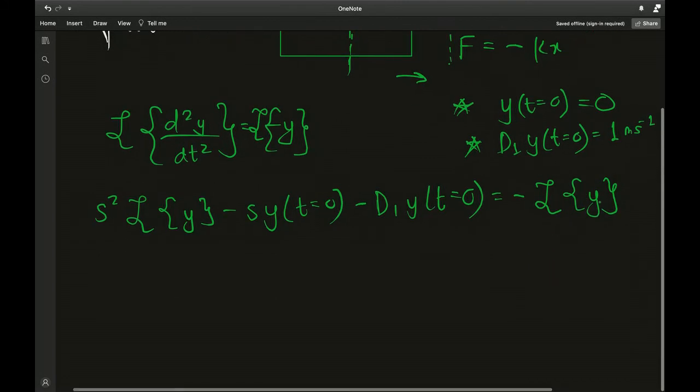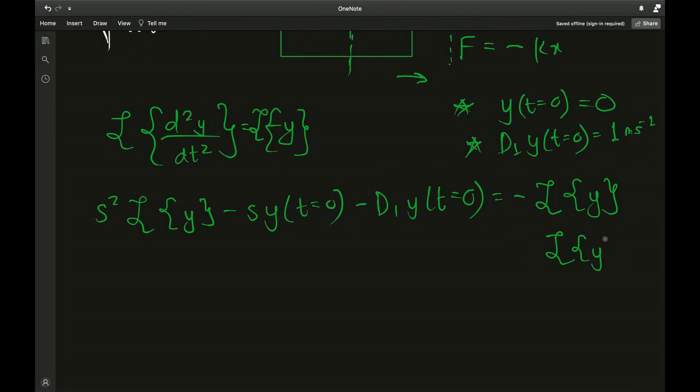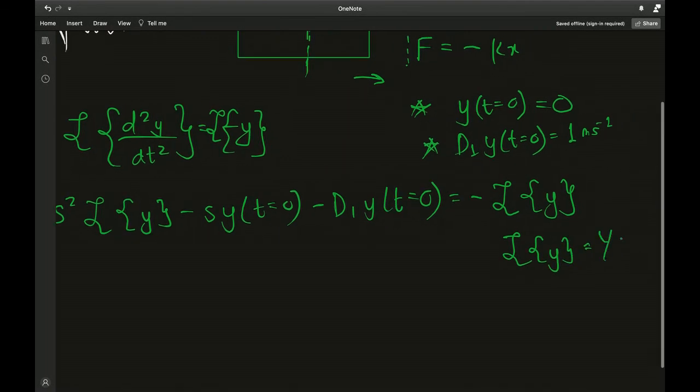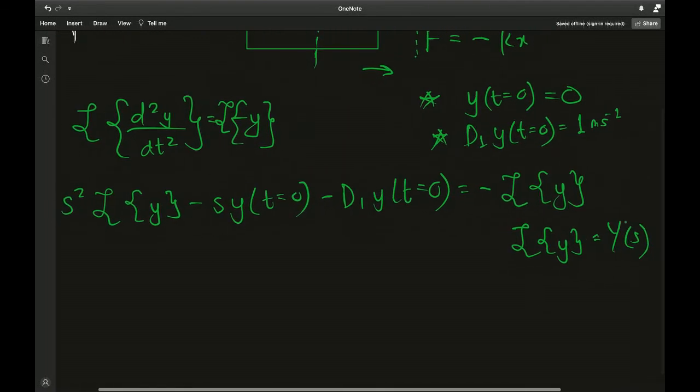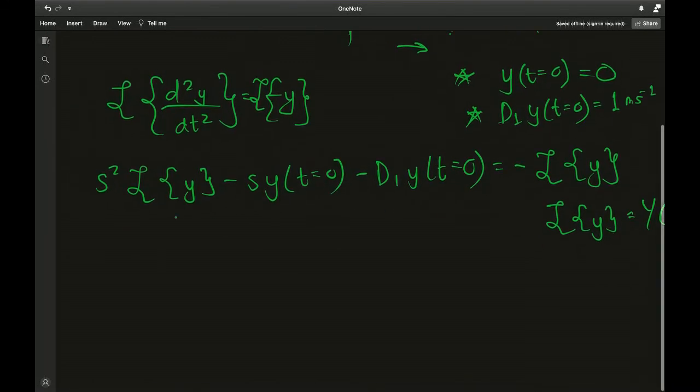Now I'm just going to use different notation. I'm going to call Laplace of y to be capital Y of s. The output is s by the convention of Laplace transforms.